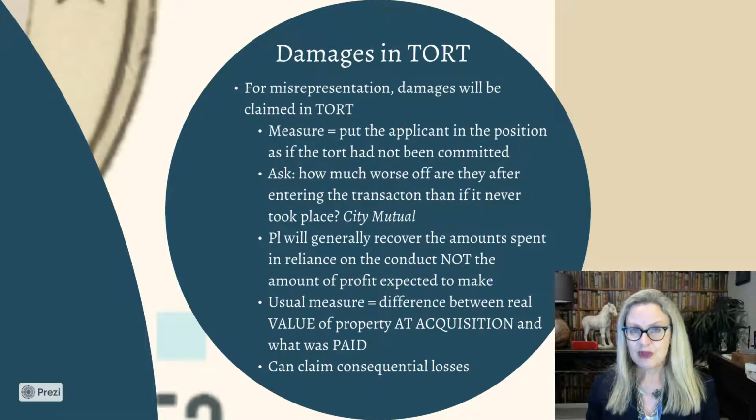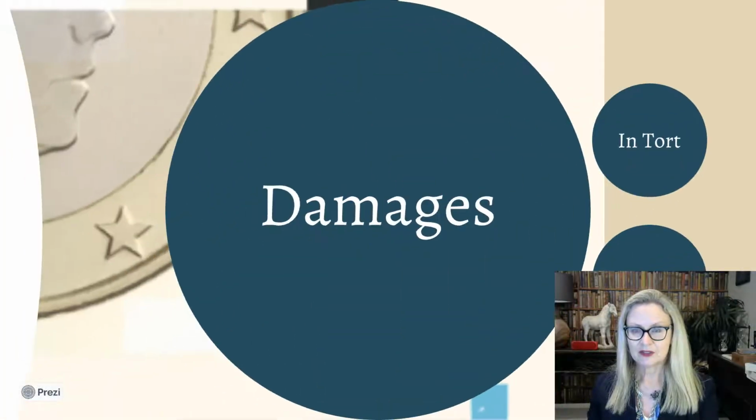So the usual measure that will be adopted for damages in tort will be the difference between the actual value of the property at acquisition, and the amount that the plaintiff paid. And that is what the plaintiff will receive as damages. And you can claim consequential losses there much as you can under contract. Okay, so that's your damages in tort if you are claiming misrepresentation of common law.